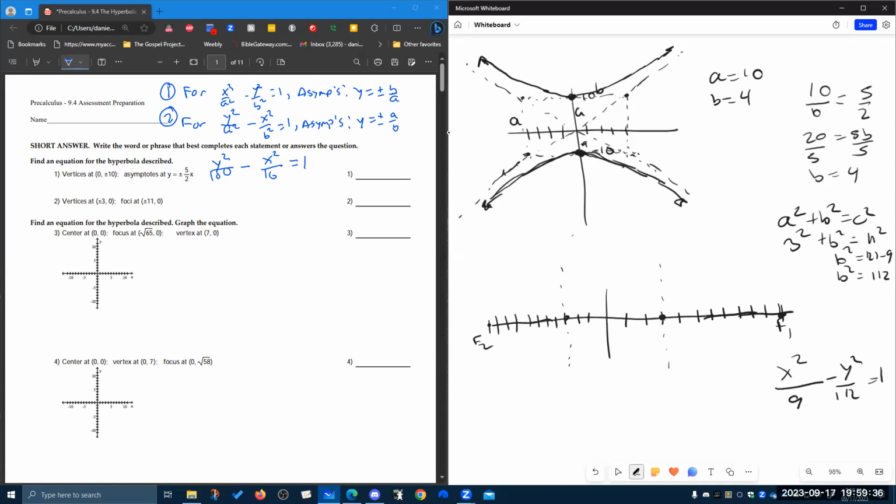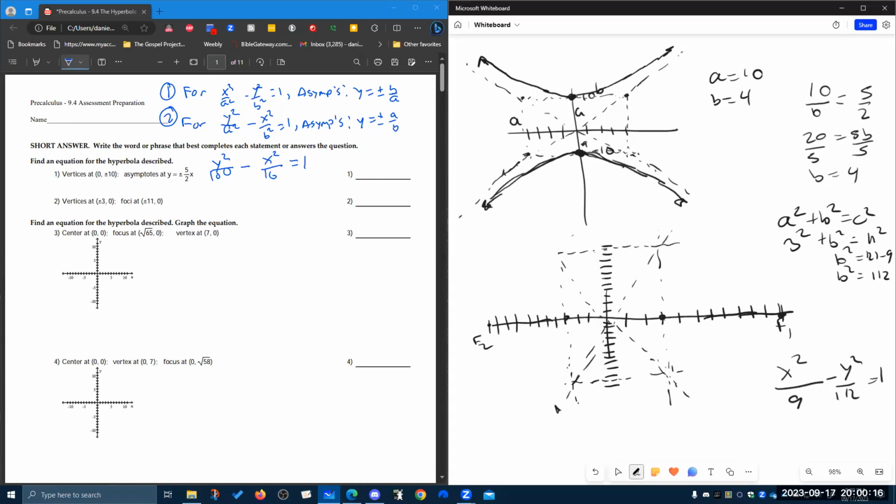And the square root of 112 is a little bit bigger than 10, but not quite 11. So we've got a box that's 1, 2, 3, 4, 5, 6, 7, 8, 9, 10. And that corner to corner through the center are asymptotes.